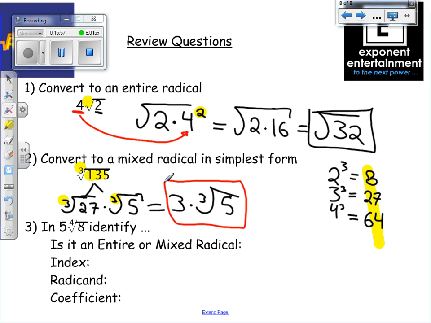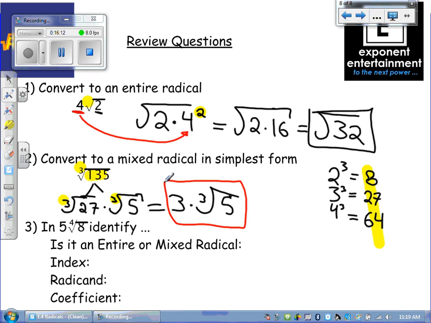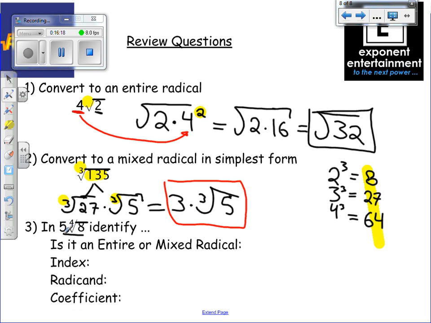Any questions? In 2 seconds, let's just finish this one. This one's quick. Is this an entire or a mixed radical? It's mixed. Why is it mixed? Because there's a coefficient. This number right here makes it a coefficient.